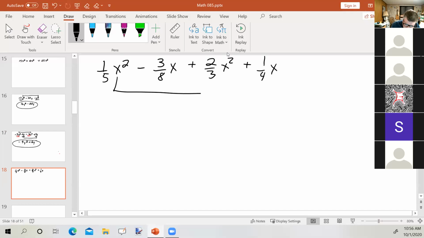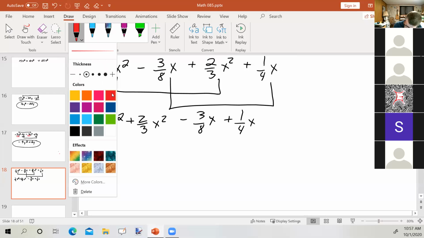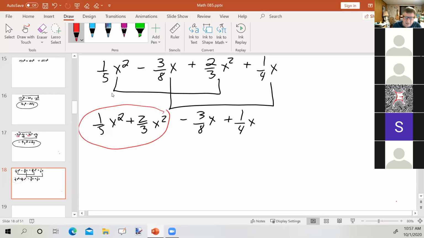So even though these two terms have fraction coefficients with different denominators, they're still like terms because they both have x squared in the variable position. Same thing with the minus 3/8 x and the plus 1/4 x. Those are like terms. What I'm going to do is rewrite this, putting the like terms next to each other. And you don't have to do this step. I just like to get things a little bit better organized sometimes.